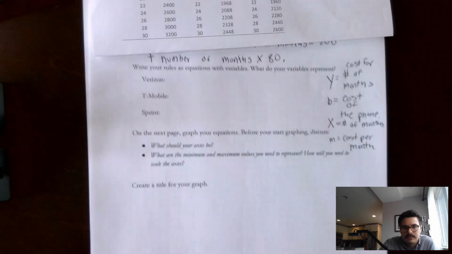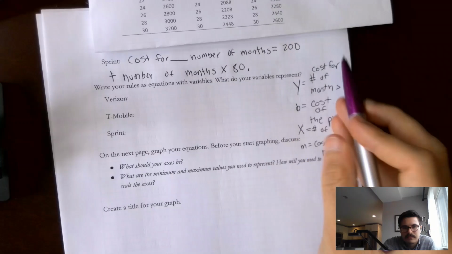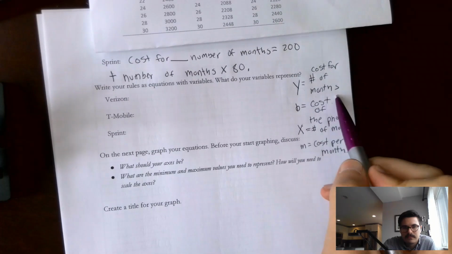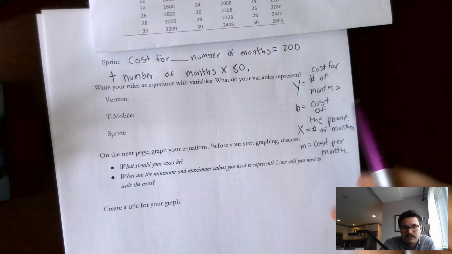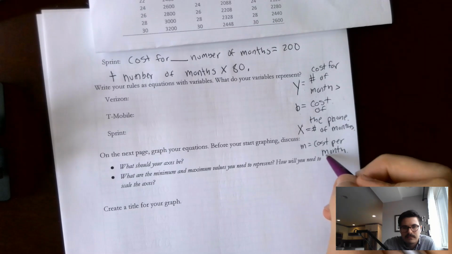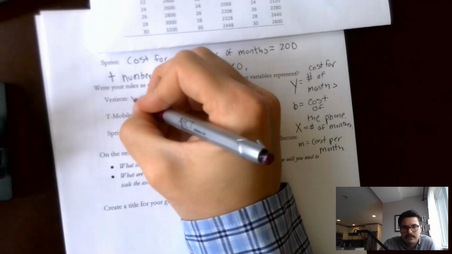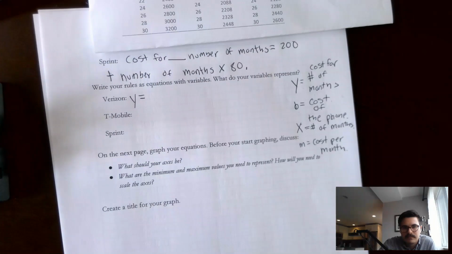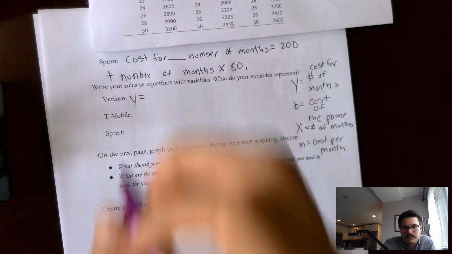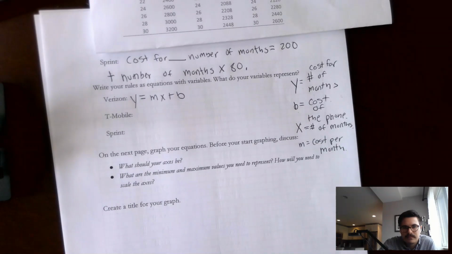Okay? Alright, so recap. Y is going to be what we're looking for, the cost for the number of months. B is the cost of the phone. X is the number of months that we're looking at. And M is the cost per month. So Verizon, that would be Y equals MX plus B. Okay?